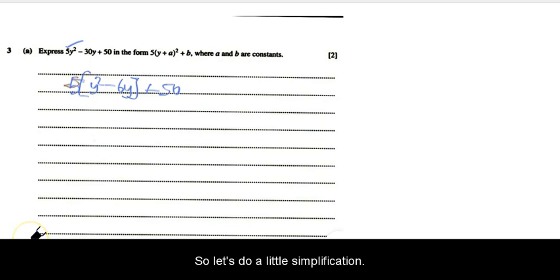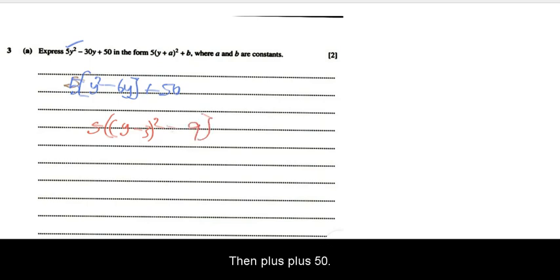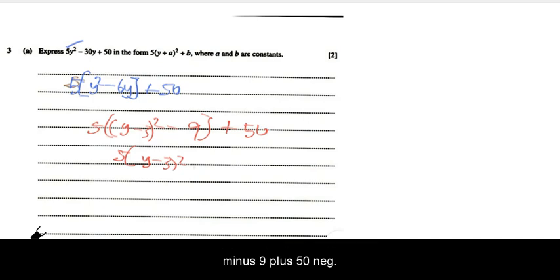So let's do a little simplification. We are going to have 5 into y minus 3, the half of 6, then square it, and the square of 3 is negative 9, then plus 50. So finally we are going to have 5 of y minus 3 squared minus 9 plus 50.